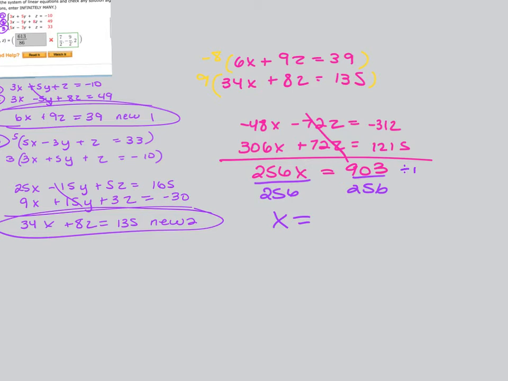No, it ended up simplifying to 7 over 2, but that's not 128. The heck? Yeah, I already messed up at the top, so I didn't get 903, but.